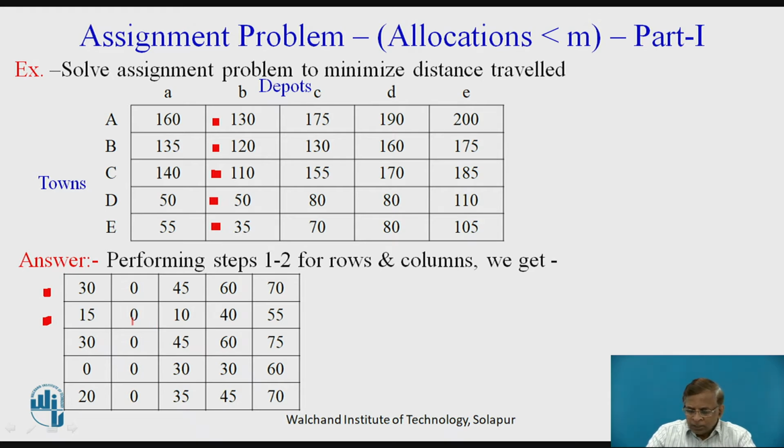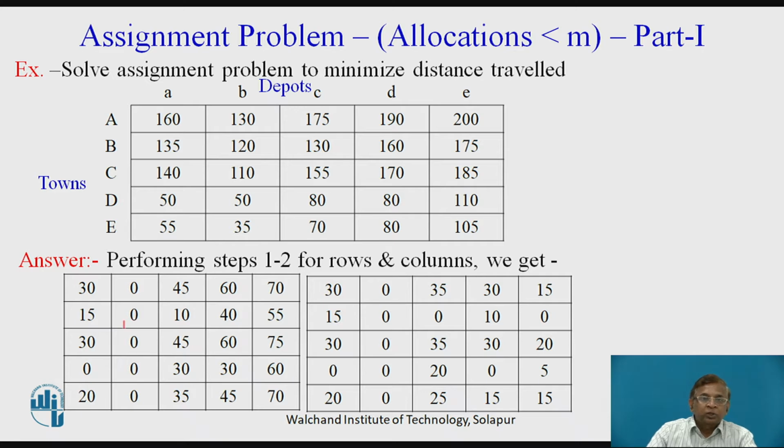Now we have detailed this in previous videos. Same procedure now as step 2 we have to repeat for columns, and doing that we get the next table given on the right bottom side. So from the left bottom side table, column-wise if we go, the first column has a 0 as the least one, so we do nothing.